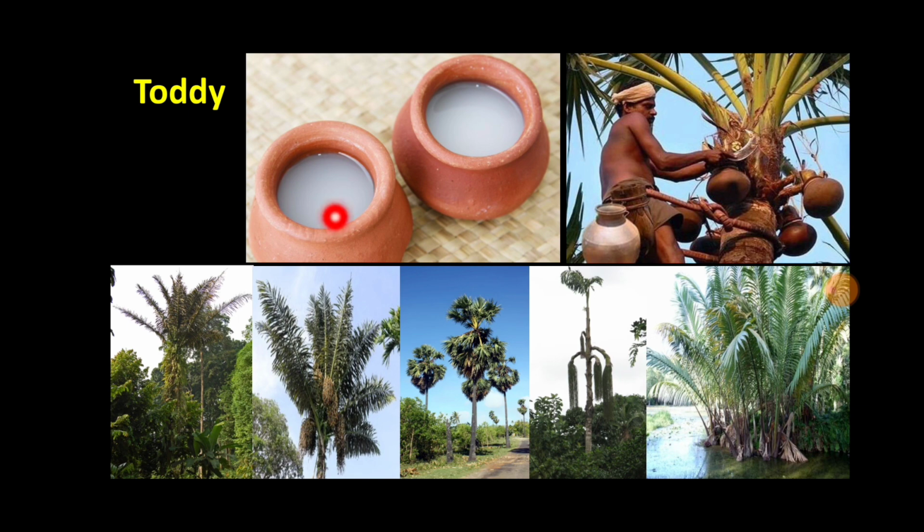This sap is also used for manufacturing a number of commercially useful products such as neera, palm sugar, alcohol, vinegar, etc. Palms that are commonly used for this purpose are Arenga pinnata, Arenga saccharifera, Borassus flabellifer, Caryota urens, Metroxylon rumphii, Nypa fruticans, Phoenix dactylifera and Phoenix sylvestris.